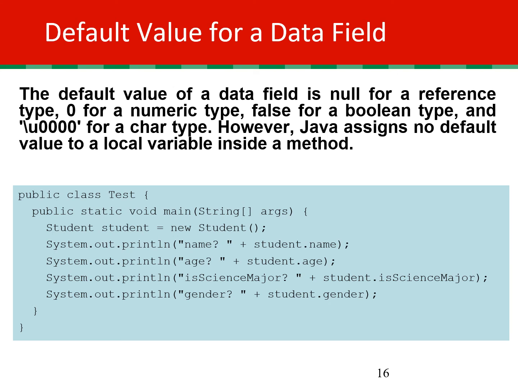Right, the default value for a data field is null for a reference type. Let's say you do not define an initial value for an object type. Java will automatically give it a null value. If you have a numeric variable and you forgot to put the initial value, it will assign 0 straight away.